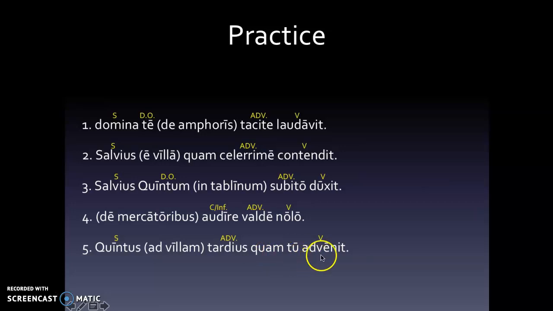Here it's a pronoun. And then we've got our verb. Okay, there's no superlative here next to the quam, so this is going to be the than one. And this is a comparative adverb, so later than you. So Quintus arrived at the house later than you.